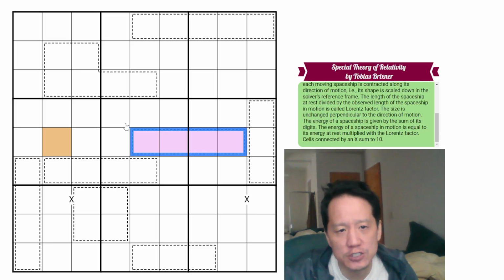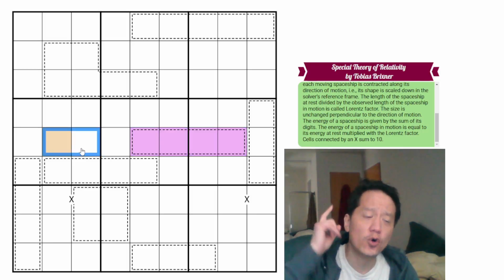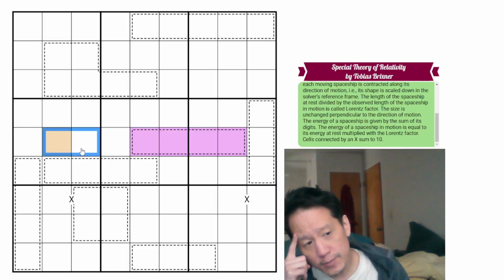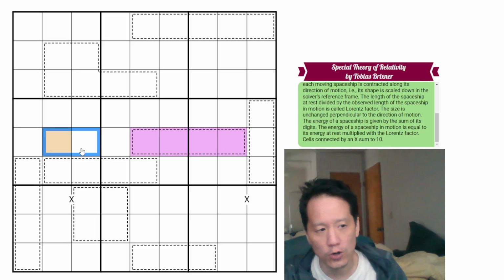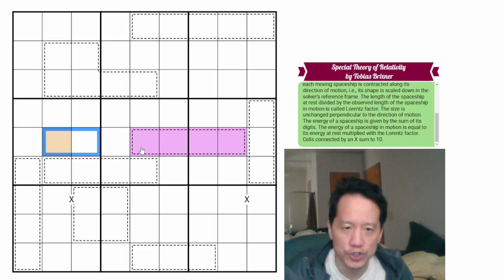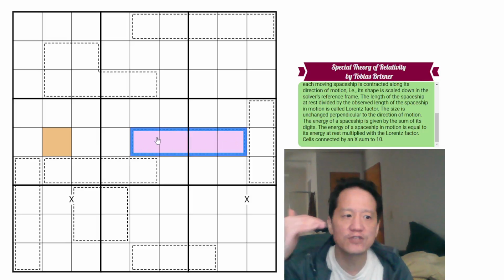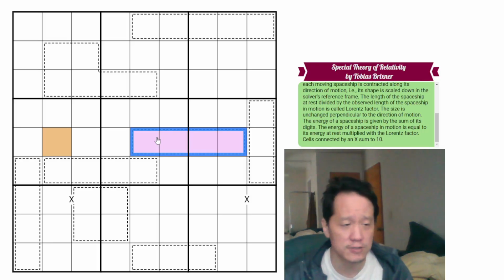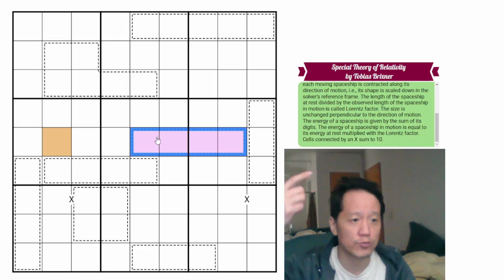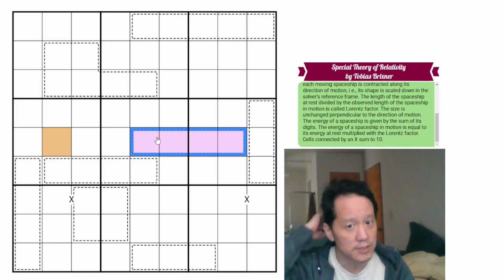So the smaller spaceship must always be more than the original one was. The original spaceship sum, because the Lorentz factor is always greater than 1, right? So since it's always greater than 1, the sum has to be greater than the original sum.